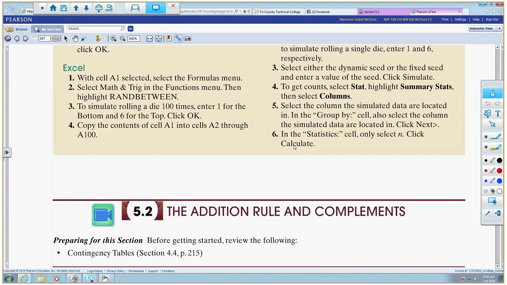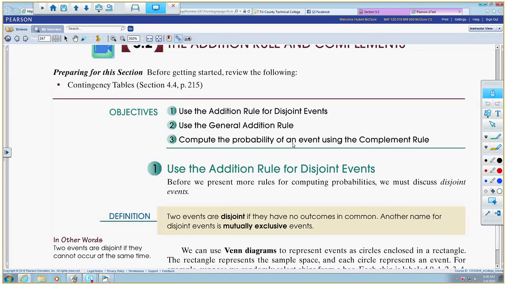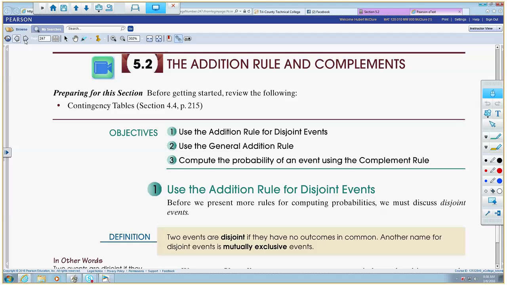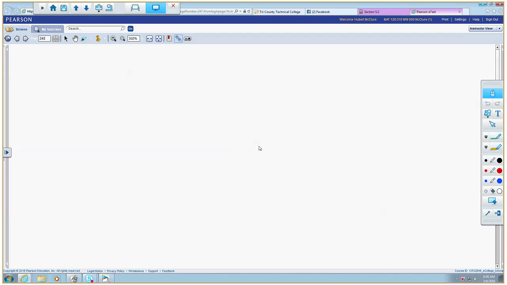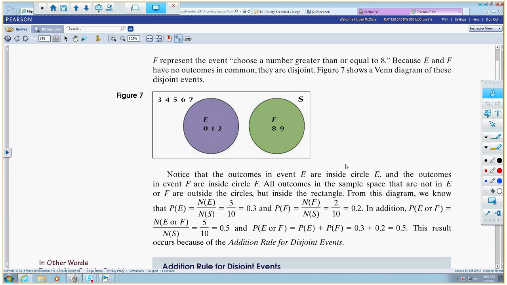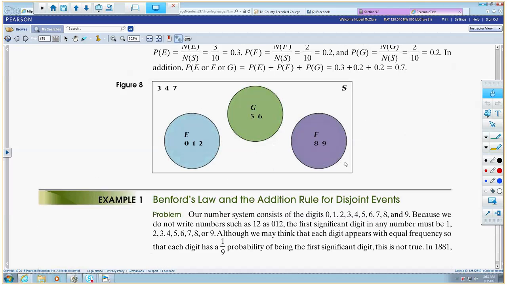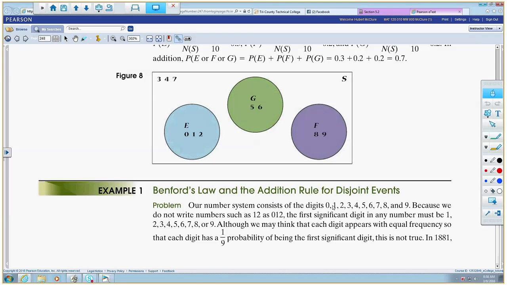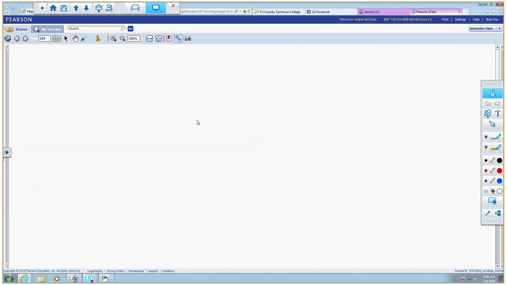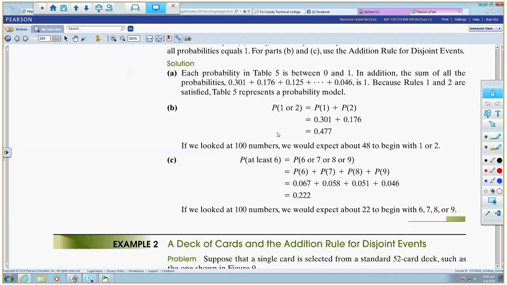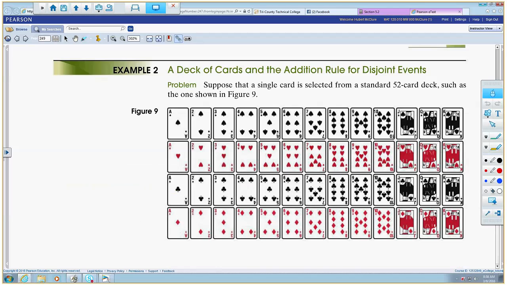The addition rule is usually given by the word or. Somewhere around here there should be a word. I can't remember. I hate this book.